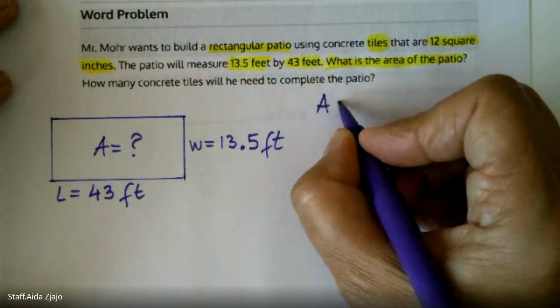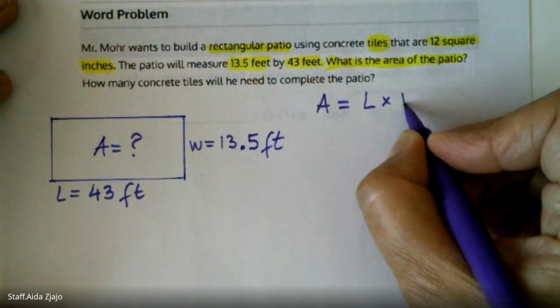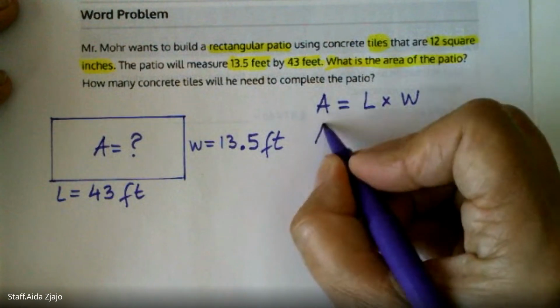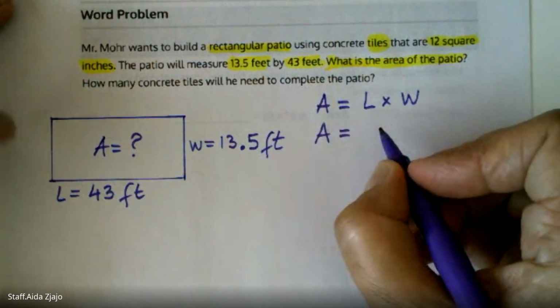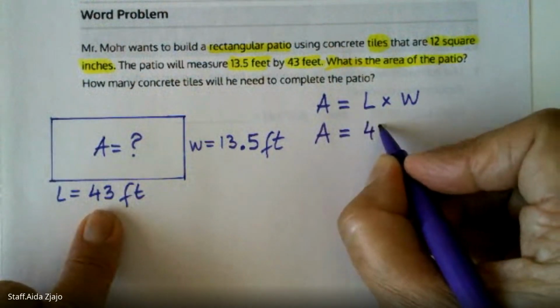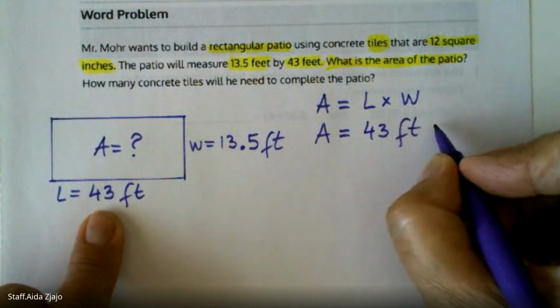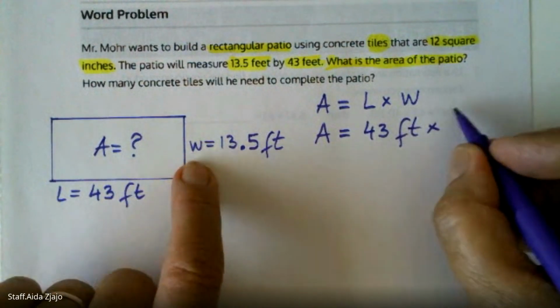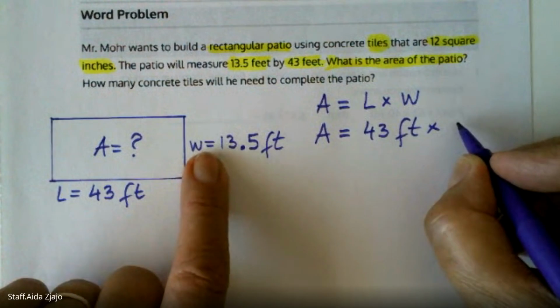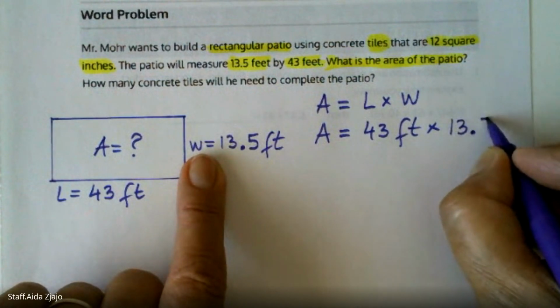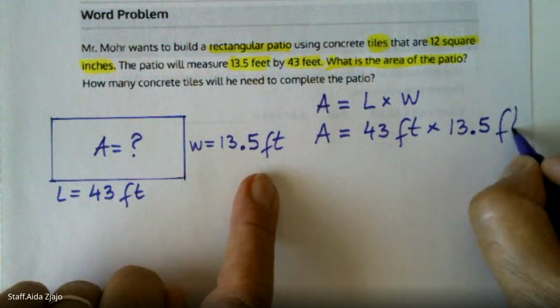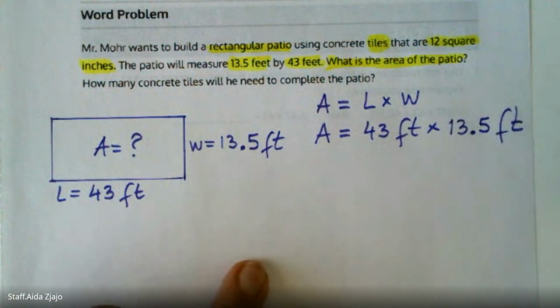So area is length times width. The long side is 43 feet times the short side, the width, which is 13 and 5 tenths feet.